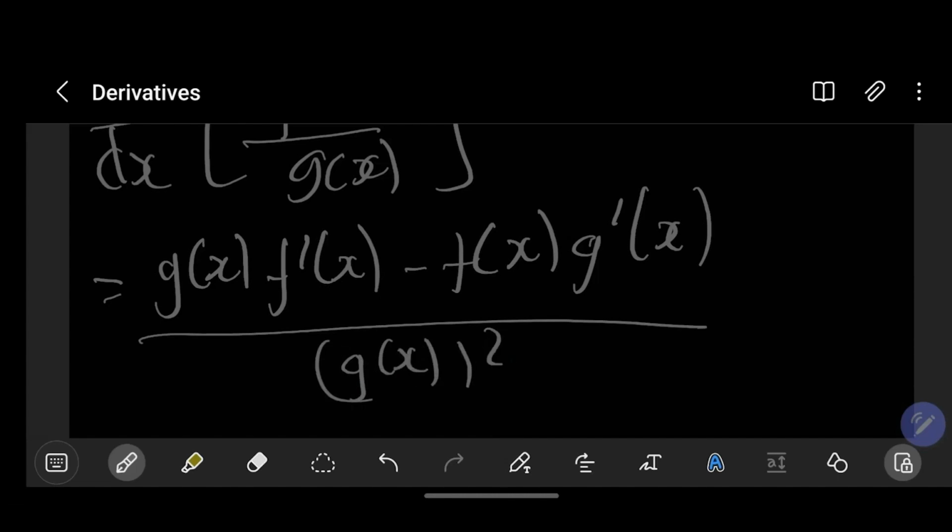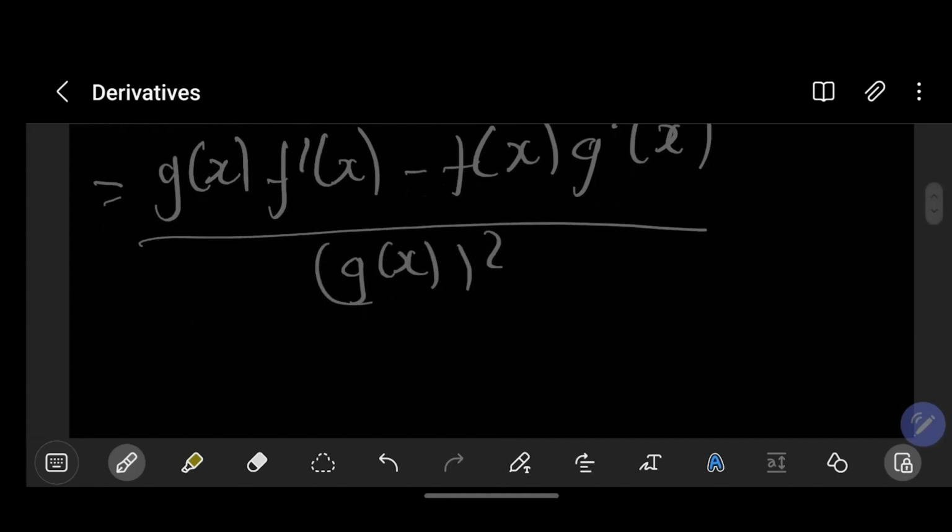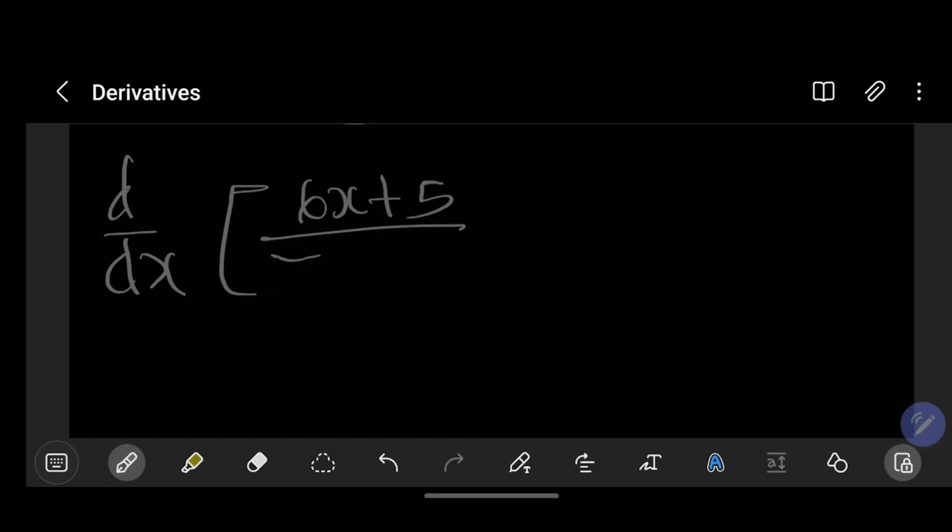Okay, so quite simple. Let's look at a simple example, right? So let's say we need to find d dx of (6x plus 5) over (7x minus 7).